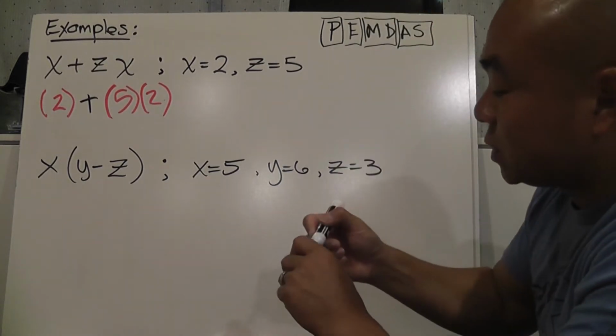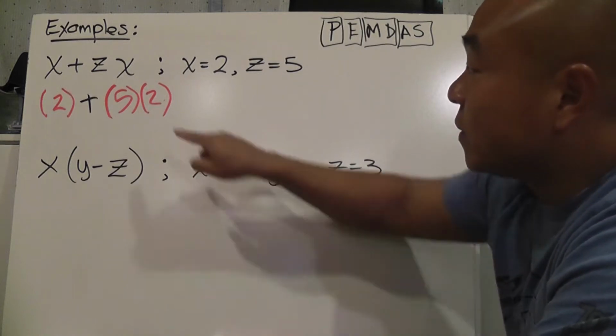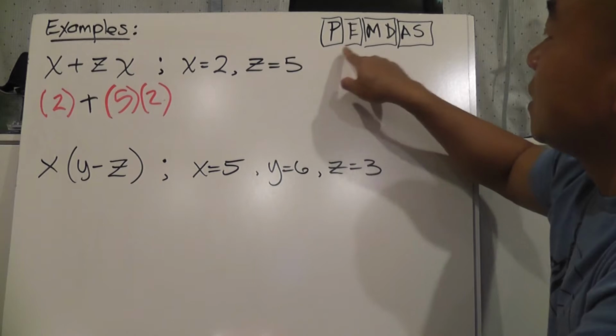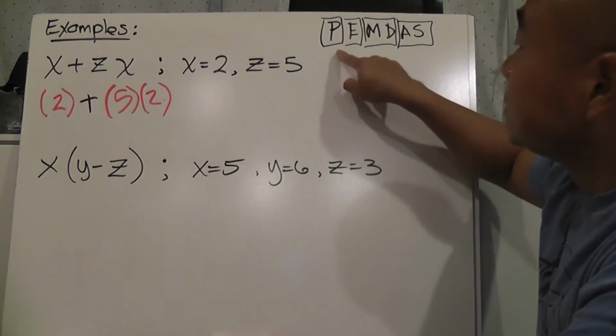So let's start off with the first one. We do have parentheses, but within each parentheses, we really don't have anything to do. Next, let's look for any exponents. We don't have any exponents, so we can move on to the next step.